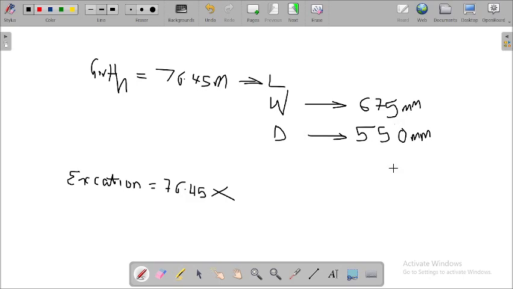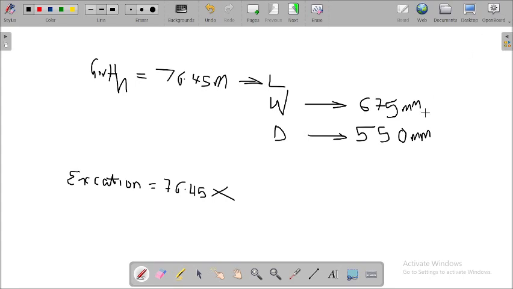Because if you want to calculate anything at all, you must make sure they are all in the same unit. One cannot be in meter and the other in millimeter; the value you get will be wrong. So the most ideal thing is to take those in millimeter back to meter, so that it conforms with what we have on our list, being meter cube, meaning that everything is in meter.